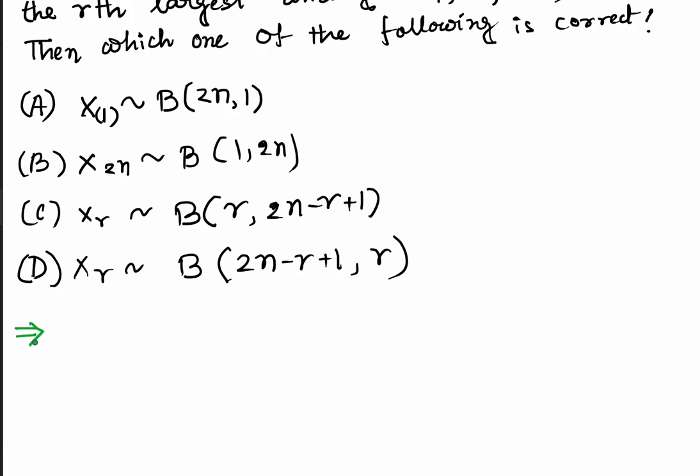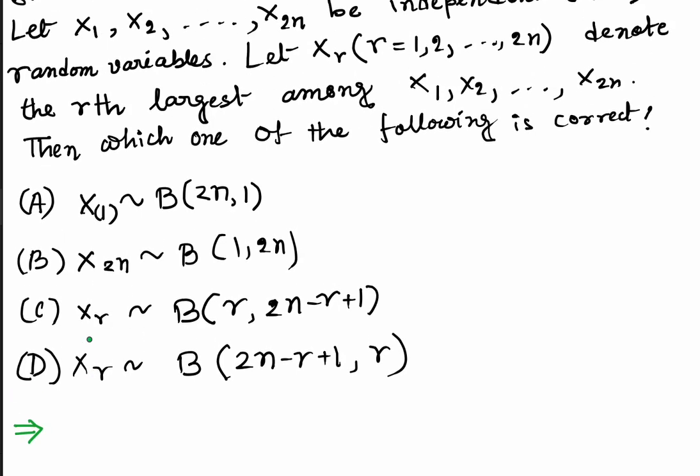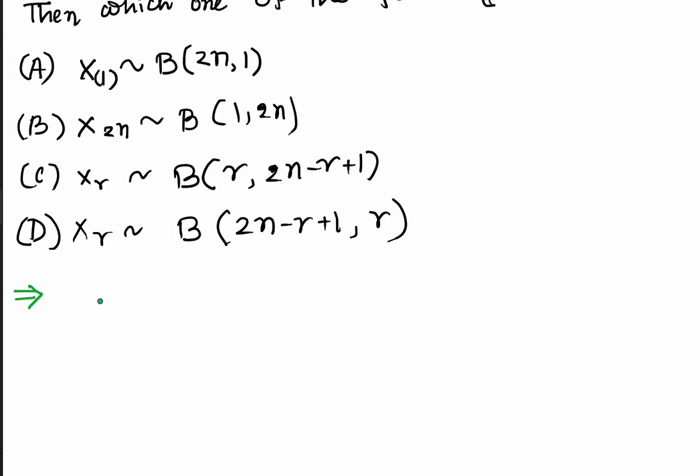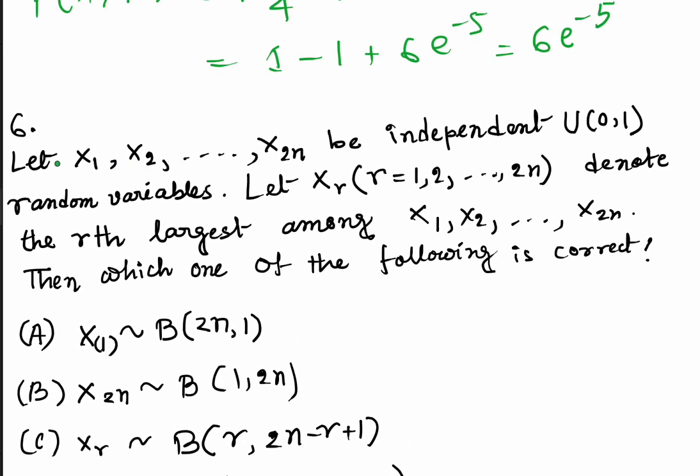Yeah, so it has been said that x_r denotes the rth largest among these, and every variable x1, x2, up to x2n is drawn from the uniform distribution 0 to 1.